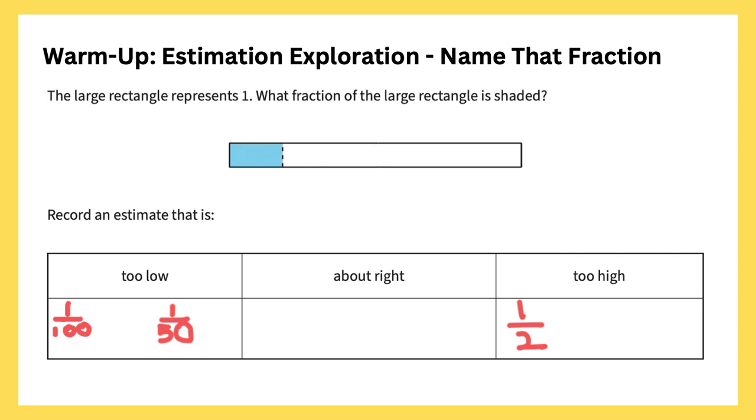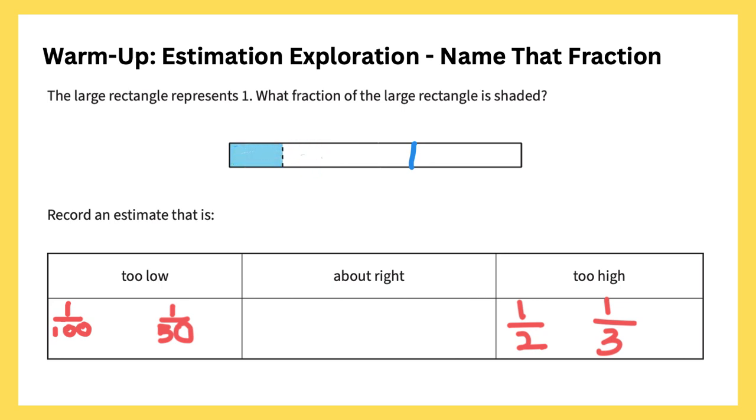How about maybe 1/3? 1/3 is not going to work because if I was breaking this up into thirds, I'd be looking at something around there. The whole thing would all be shaded in. We'd have 3 equal parts. But again, we know that just doesn't really make sense. So I'm going to get rid of that.